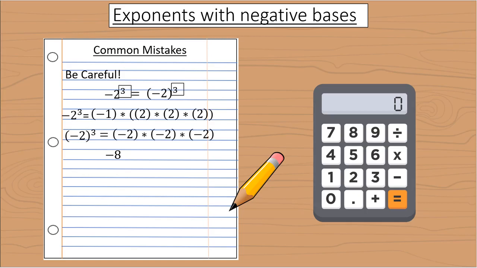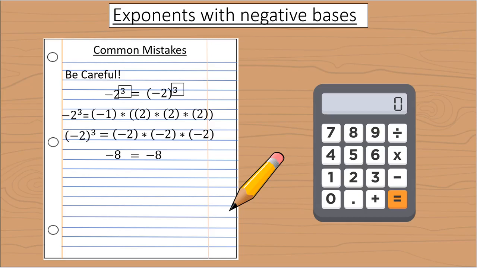So we will have negative 2 times a negative 2 equals a positive 4. Positive 4 times a negative 2 equals negative 8. Therefore, in this case, we will have negative 8 equals negative 8. So in this case we have the same answer.